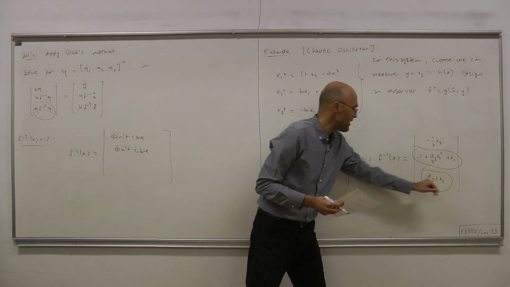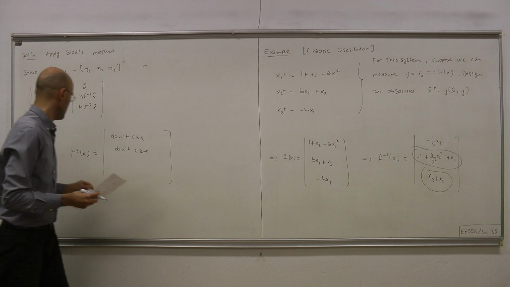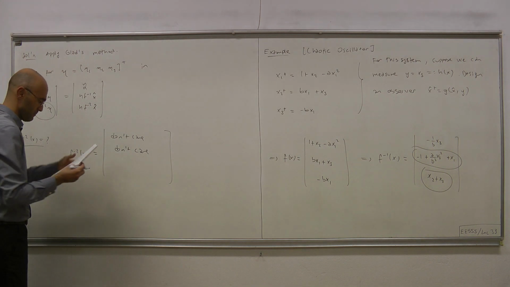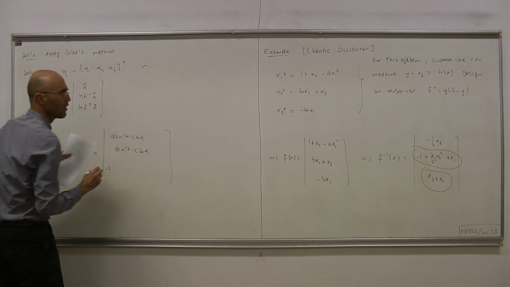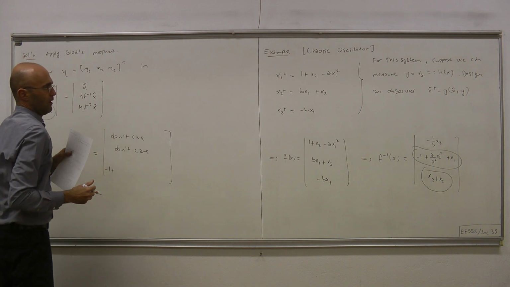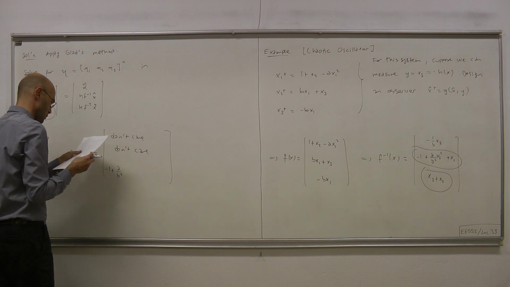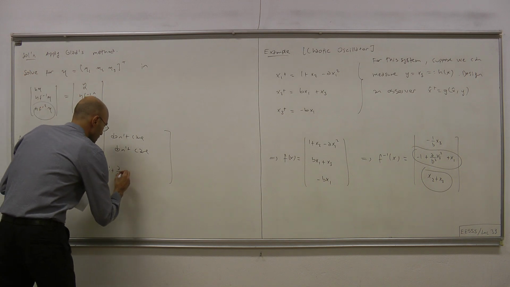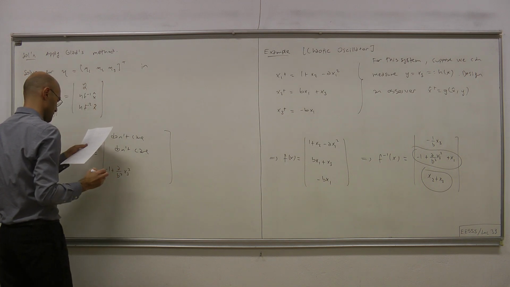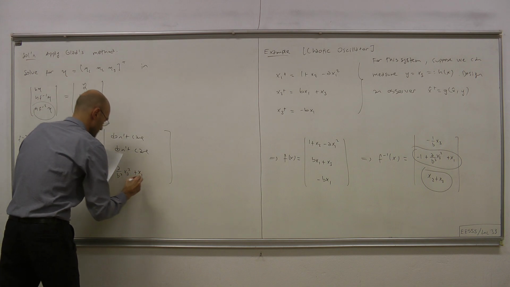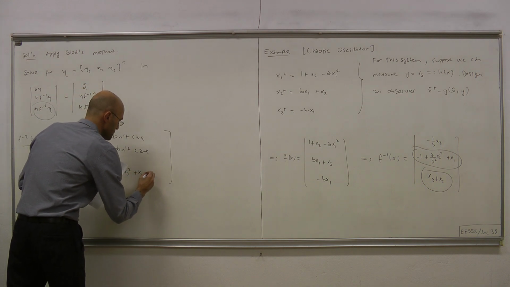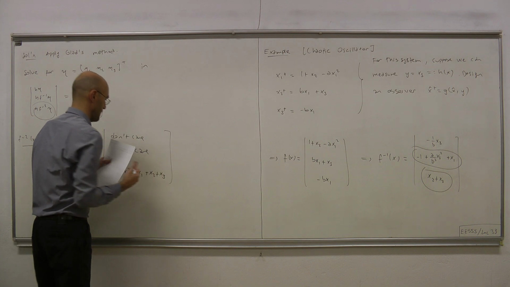Therefore this plus that is the third entry of our f double inverse x. Minus 1 plus a over b squared x3 squared plus x1 plus x2 plus x3.